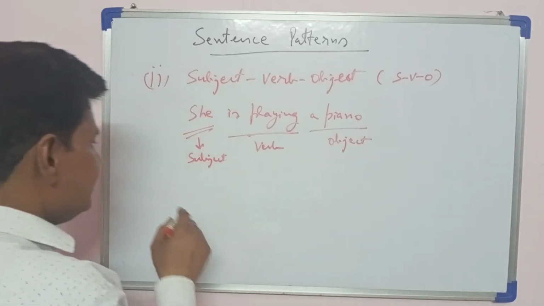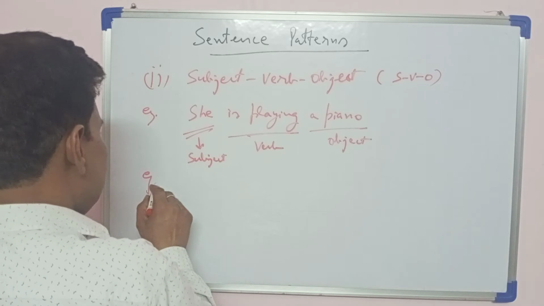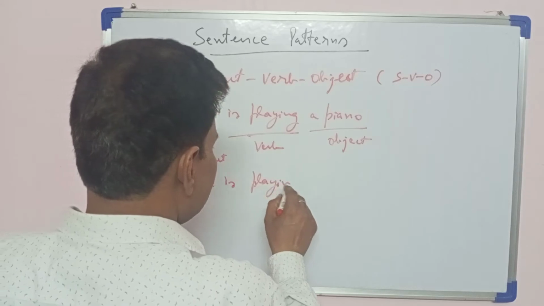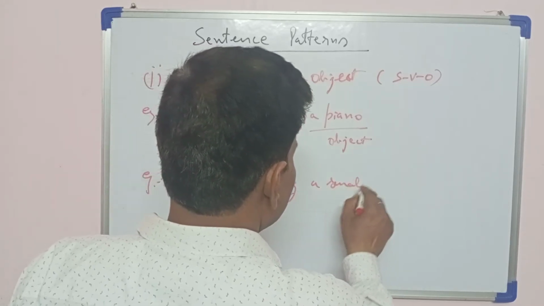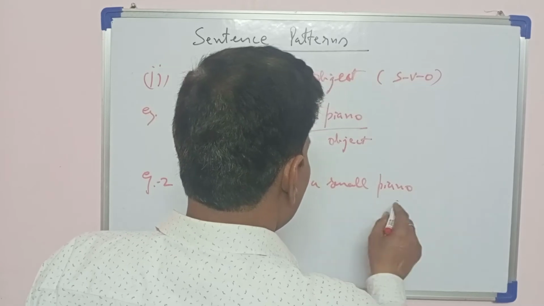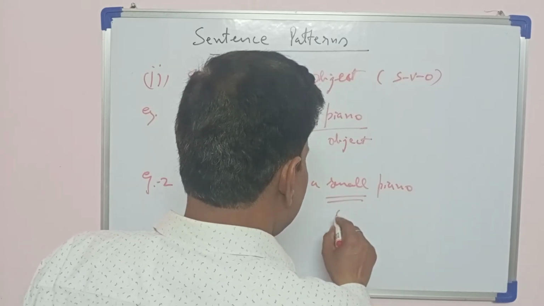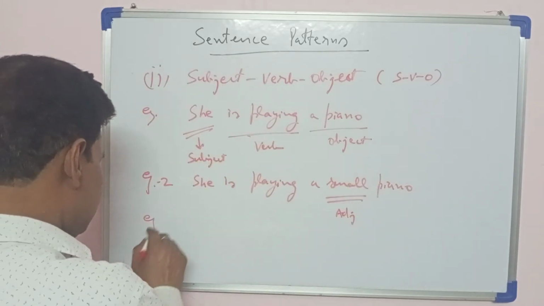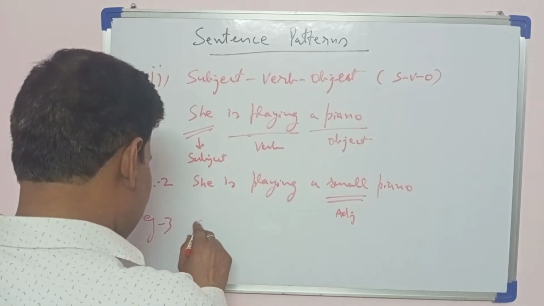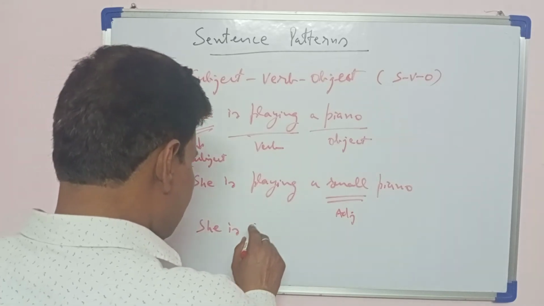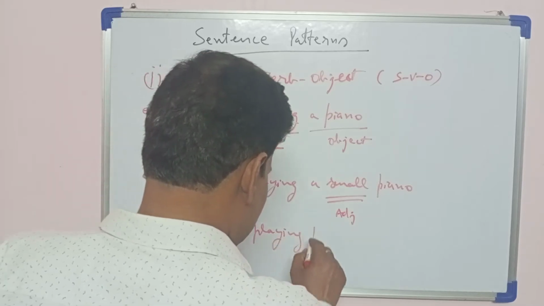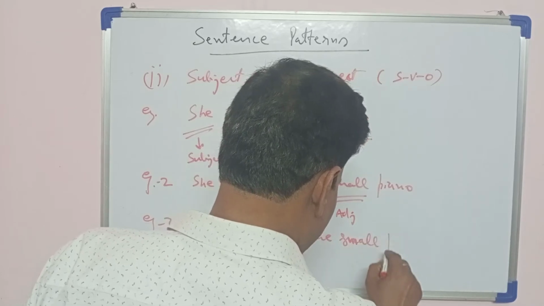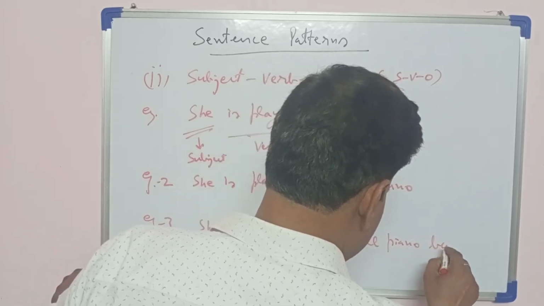Now we can expand this sentence. If I write it in this way, she is playing a small piano. So here small is adjective. We have used adjective here and expanded the same sentence. It can further be expanded by using, she is playing the small piano beautifully.